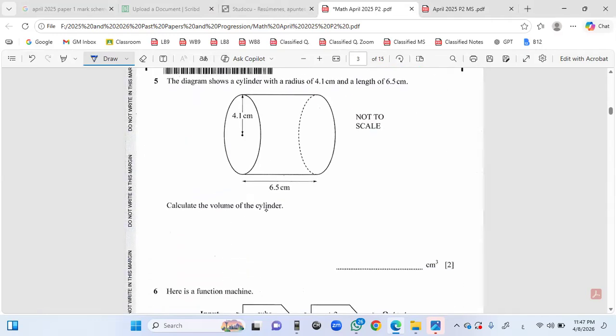They want you to calculate the volume of this cylinder. The volume of the cylinder is the area of the cross section, which is the circle, pi r squared, multiplied by height. So pi times 4.1 squared, times height 6.5.